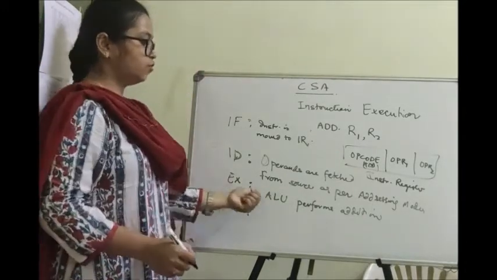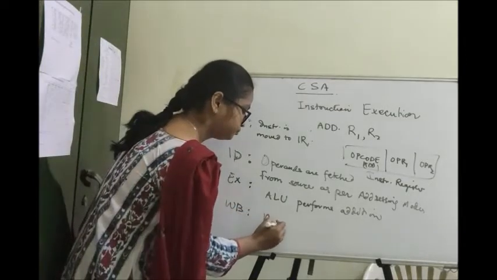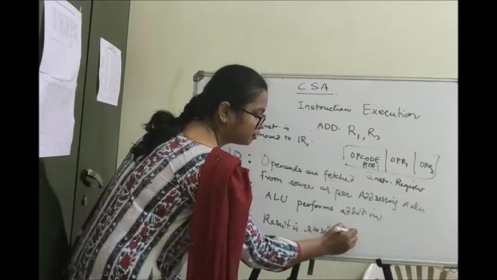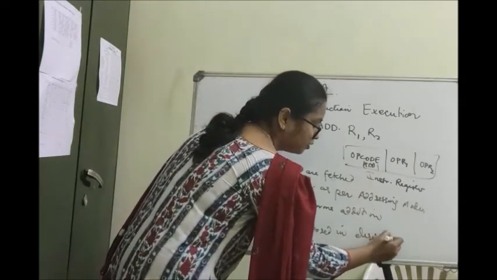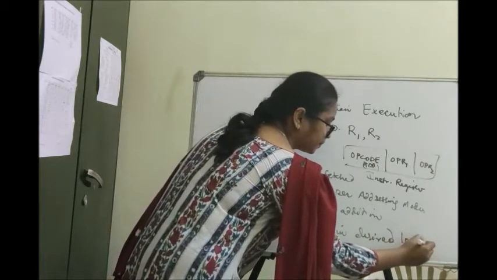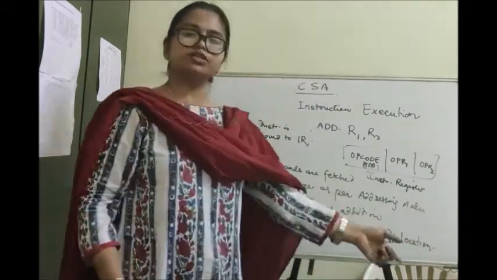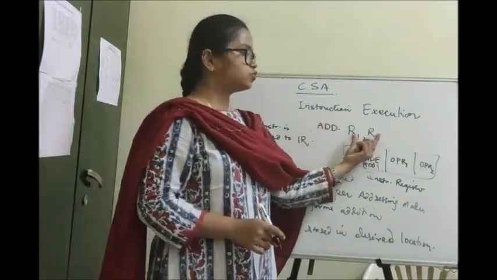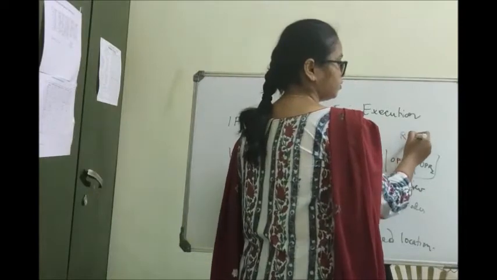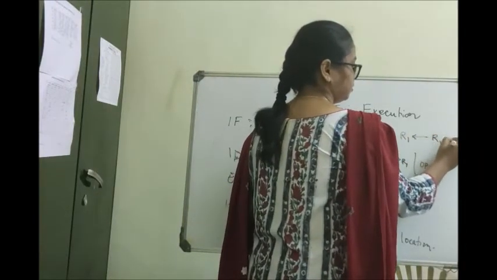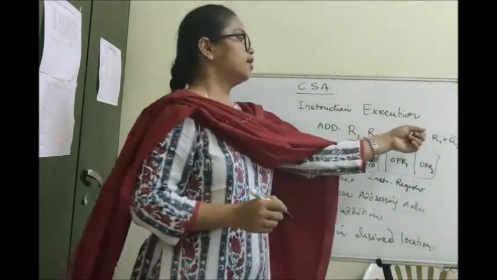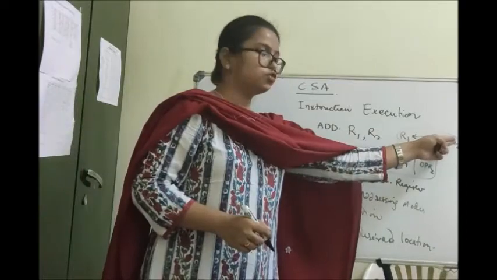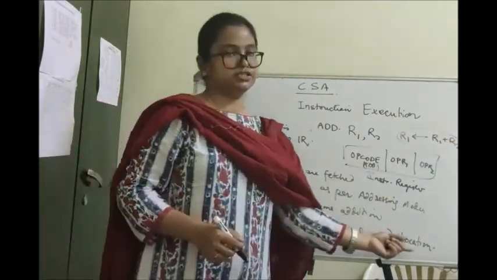In write back, the result is stored in the desired location. Here, the desired location may be memory or register or whatever is specified. In this case, we have to store the result in R1, isn't it? The addition is stored in R1. So the result, that is the addition of the two operands, will be stored in the register R1.